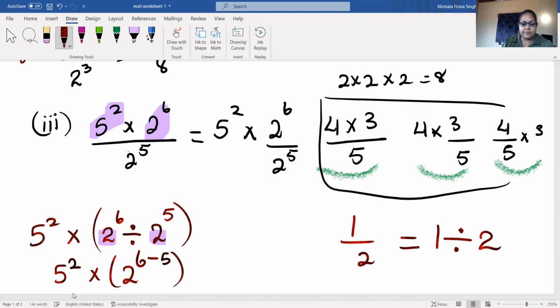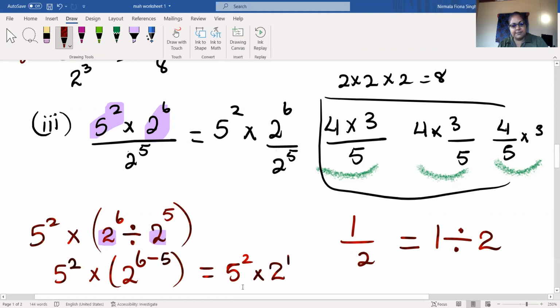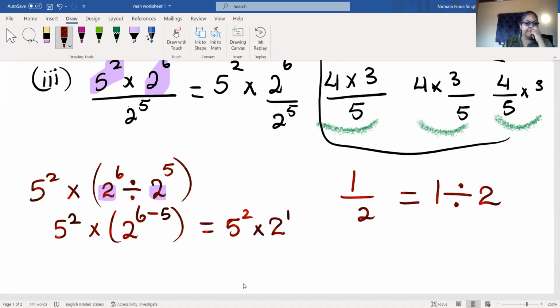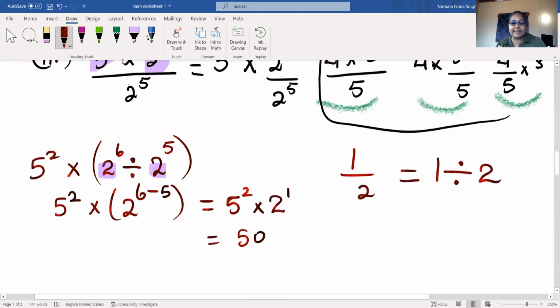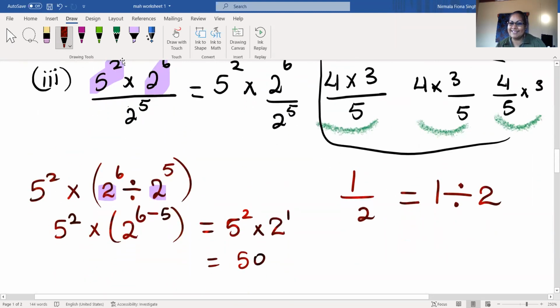So we get 5 squared multiplied by 2 to the power 6 minus 5, which is 1. 5 squared is how much, folks? 25. 25 by 2 is 50. So you see how we do this calculation without a calculator? This is why maths is a beautiful thing.